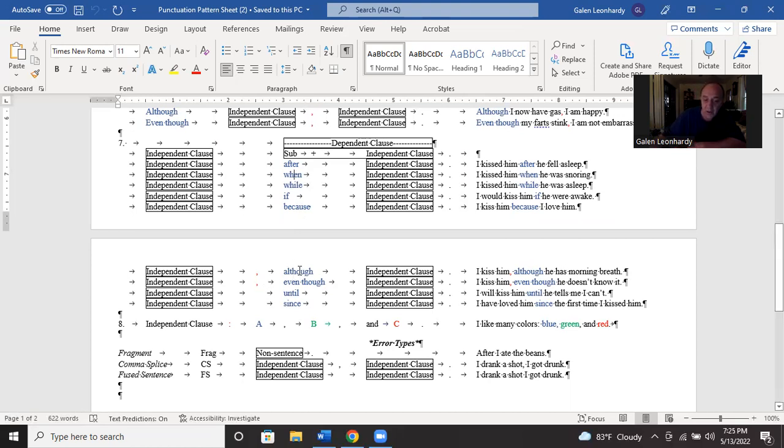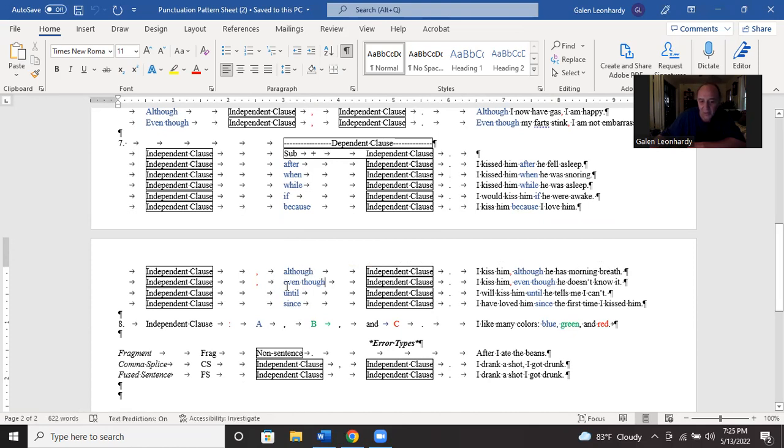Even though, although, and though are three times that you would use a comma. Now, I didn't include one with though because I have though involved word-wise in both of those examples.